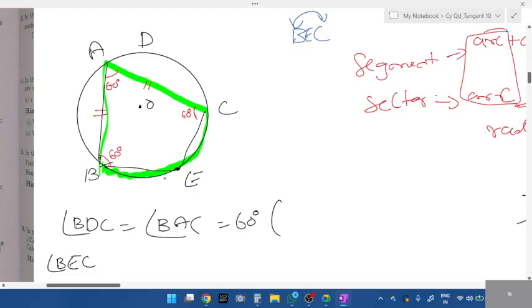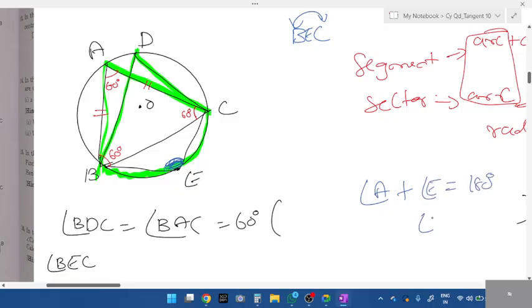Right, it's a cyclic quadrilateral. So opposite to angle A, what is angle E? The sum of angle A and E should be 180. Angle E is equal to 120 degrees.